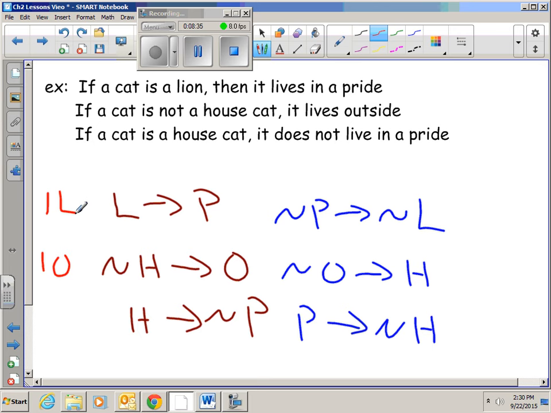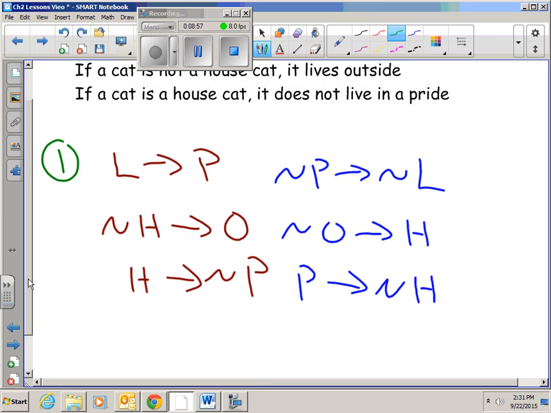I'm going to start with the lion. So L. Sorry, I gotta get my pen back up here. Go green. So I'm going to start with the lion, and I'm going to go to the P. So I'm going to start right here with 1.